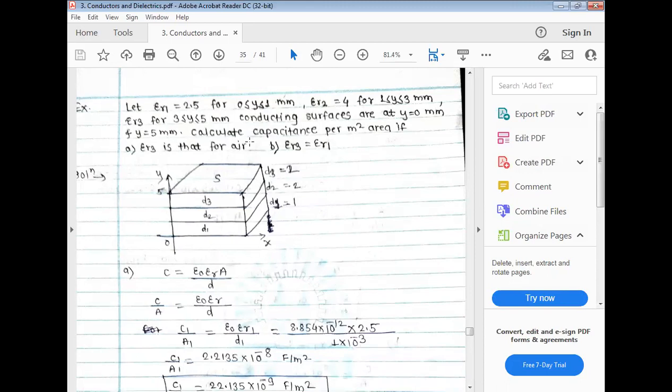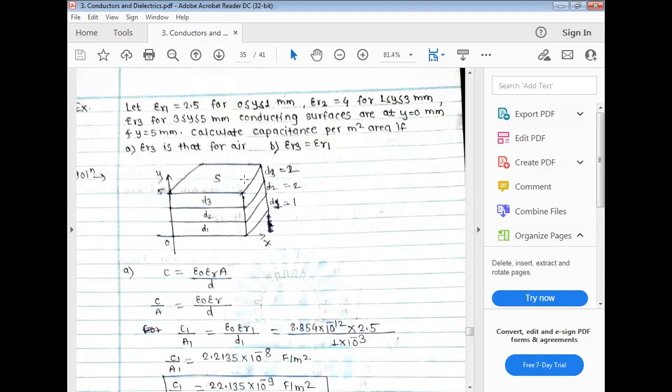The distances of all three regions are given. Distance d1 is from 0 to 1, that is 1 mm. Then d2 is from 1 to 3, so d2 is 2 mm. And from 3 to 5, the third layer, d3 is equal to 2 mm.